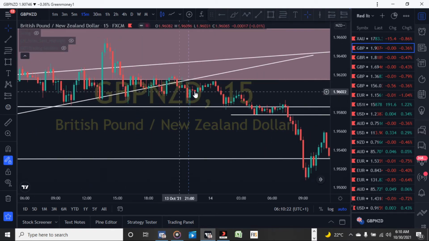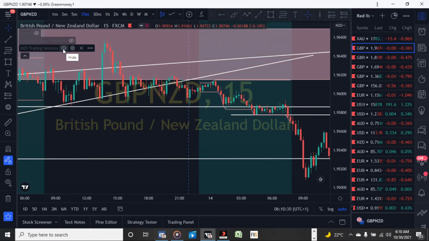You can see that from here this was the Asian session, the breakout. But before the breakout of the Asian session, you can see there is a pattern formation here. The M pattern is formed here before the breakout, right?